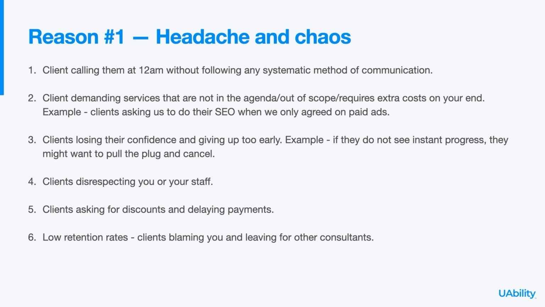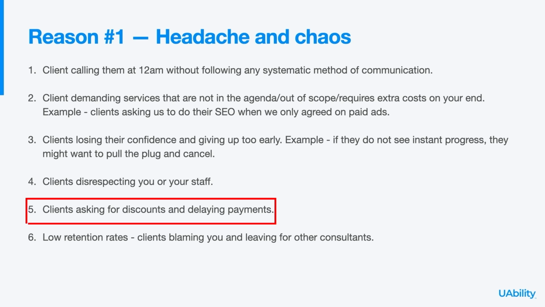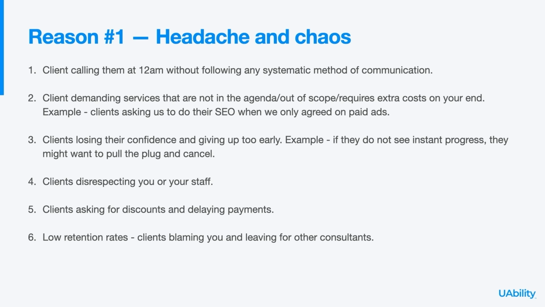Now, the fifth one would be clients asking for consistent discounts and delaying the payments. You must understand that such clients are just not acceptable, because you must realize whatever service or advice that you're offering to your clients, and if you followed every single thing that I covered inside of this program, whatever you're offering will result in a core transformation for the client, and nobody can put a price tag on that.